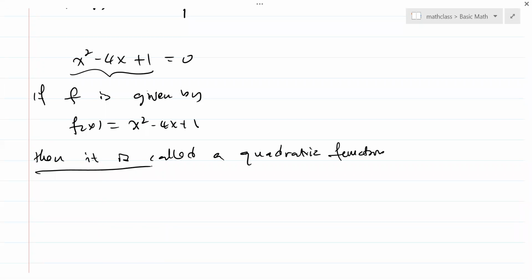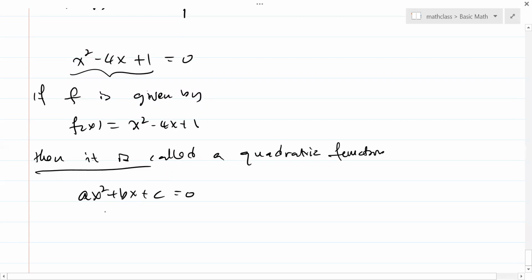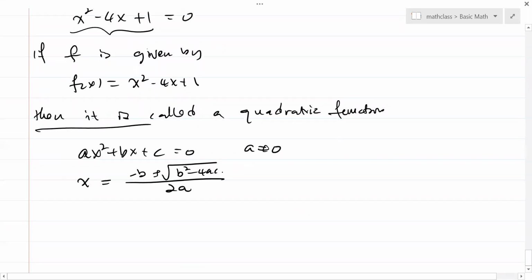Sometimes you can factor it, sometimes you have to use the quadratic formula. The so-called quadratic formula: ax squared plus bx plus c equals 0, where a is not equal to 0, then x, which I'm trying to find, equals negative b plus or minus the square root of b squared minus 4ac, all over 2a. So this is called the quadratic formula. That gives you 2 zeros. It involves radicals.